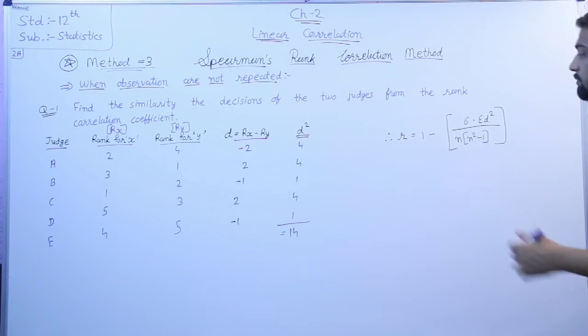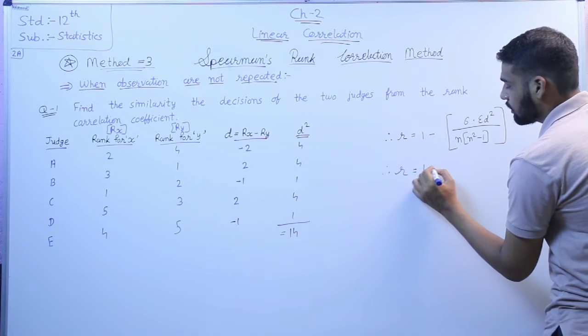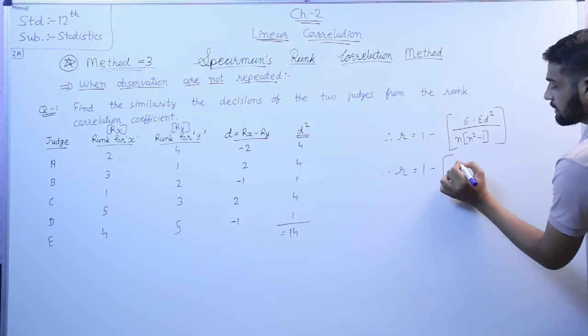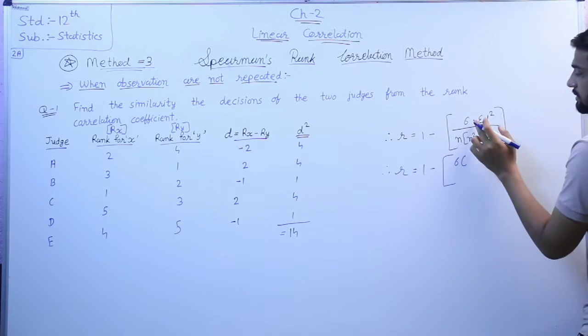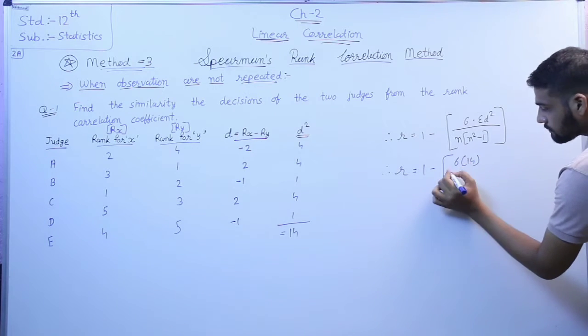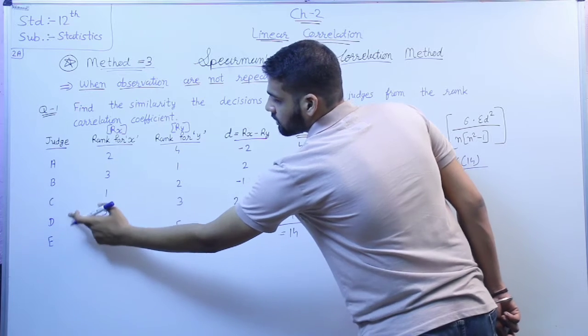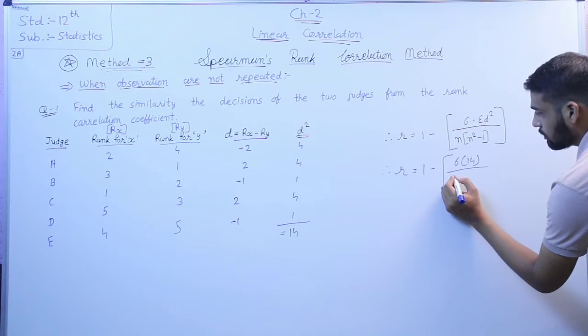Okay students, now we put the values in this formula. R is equal to 1 minus 6 into sigma d square, that means 14, upon n. The number of observations is 1, 2, 3, 4, 5, so n is 5.